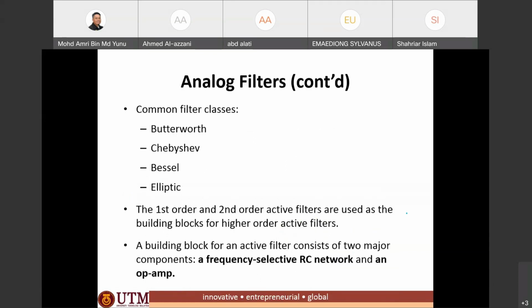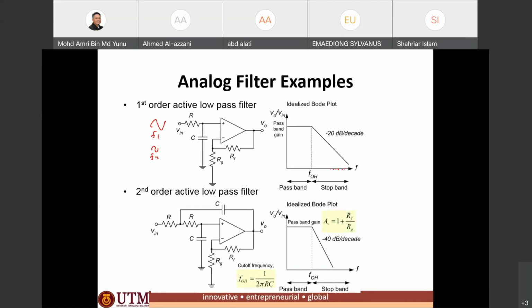Common analog filters are Butterworth, Chebyshev, Bessel, and Elliptic, and these come in first and second order. For example, here this is a first order low pass filter. After the cutoff frequency, the gain will linearly decrease at negative 20 dB per decade.